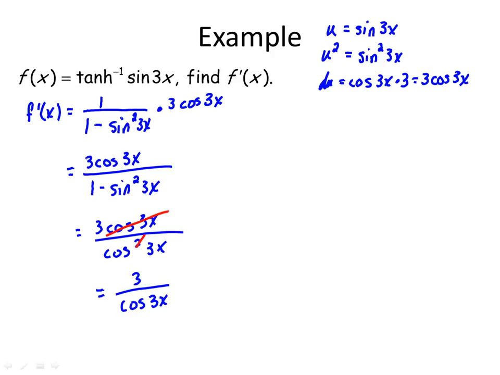Actually, if you wanted to put 3 secant 3x, you could do that too. But either one of those is fine with me. So, if you got 3 cosine 3x over 1 minus sine squared 3x, I would give you most credit. But I would appreciate it if you went on farther. That would be awesome.